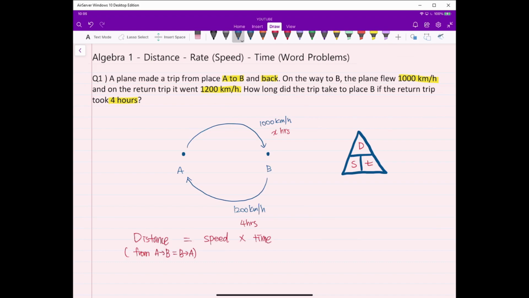So now we can calculate the distance traveled from A to B, which is the product of 1,000 km per hour times x hours. That is the same as the distance traveled for the returning trip, which is 1,200 km per hour times 4 hours.